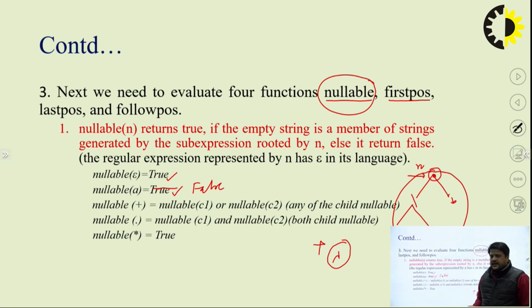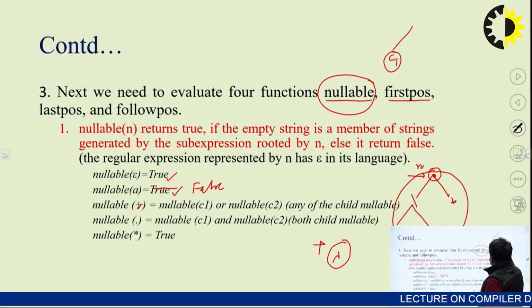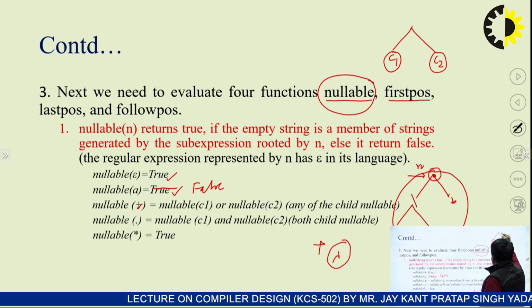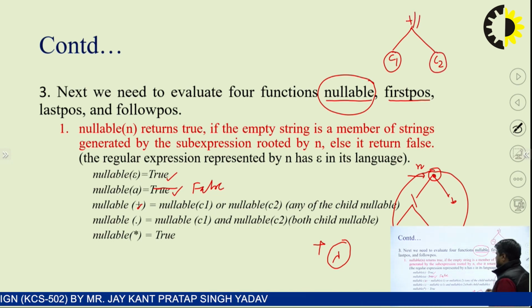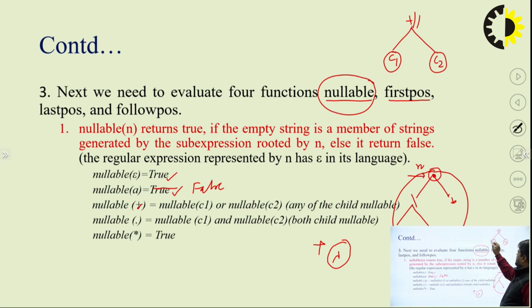Now consider the operator symbols. For the union operator with children C1 and C2: if one child returns true and the other returns false, the result is true. If both are true, it is true.